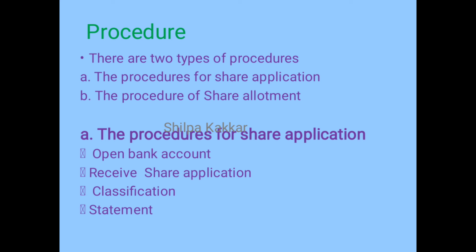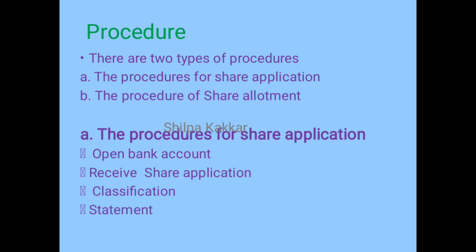Now, when minimum subscription is not achieved by a company, then the company has to return all the money which they have received with the application form, and that leads to the defame of the company.